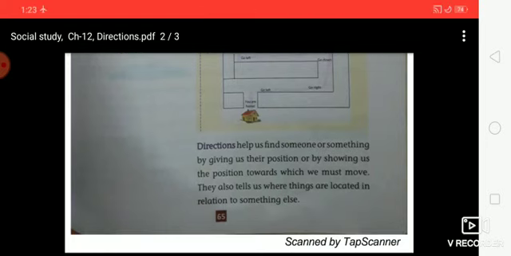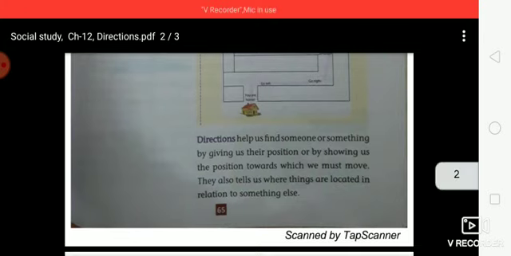We use directional words like left, right, straight, ahead, behind and in front of to give directions. Look at the example below. Here directional words are used to describe where students sit in the class. Study the picture.